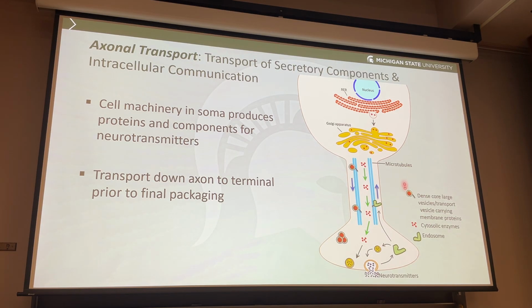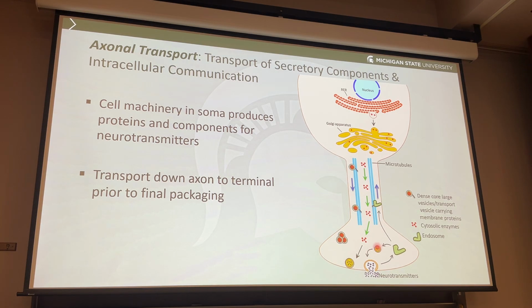What is also important is that, again, it functions like a normal cell, with a nucleus, the endoplasmic reticulum, and Golgi apparatus that are all involved in processing polypeptides. After translation of a transcript from the nucleus, it gets modified by these structures, and then other macromolecules that are important for neurotransmitter development will be transported down the axon using these microtubules in anterograde transport.